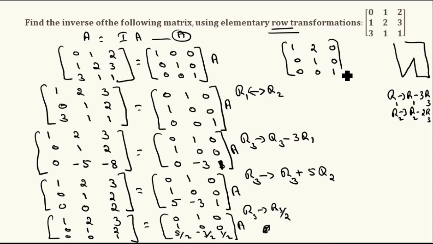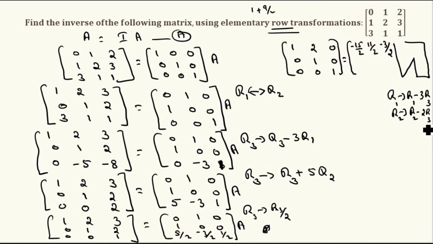0, 0, 1 equals. This has to change. So R1 minus 3 times 5 by 2. Now 15 by 2, so minus 15 by 2. Then 1 minus 3 times R3, so minus 9 by 2 plus 9 by 2... So 11 by 2. Then 0 minus 3 by 2, minus 3 by 2.